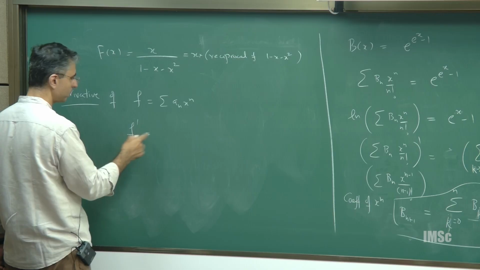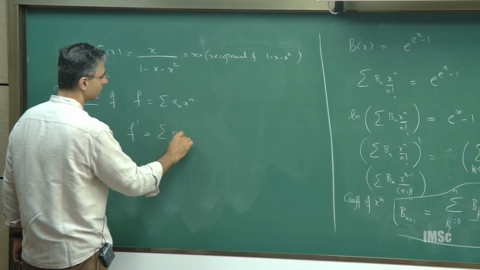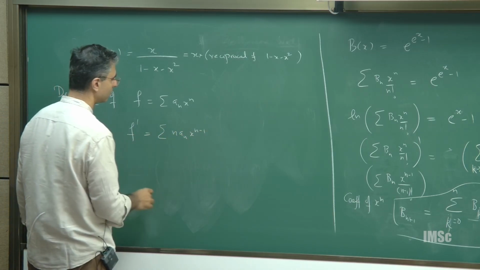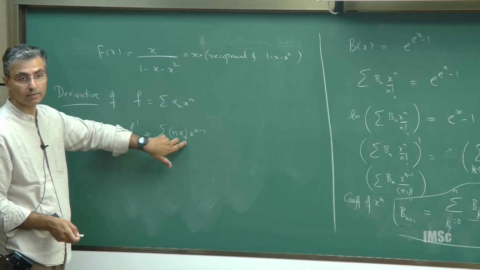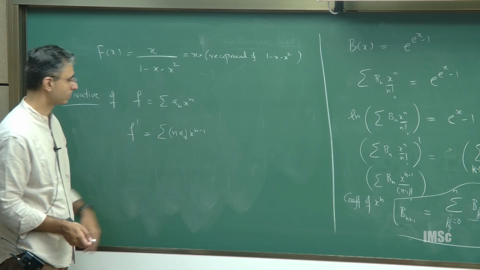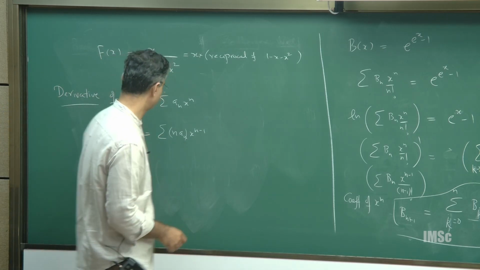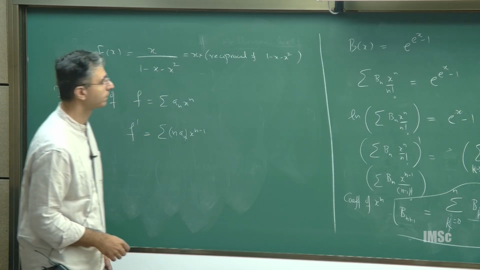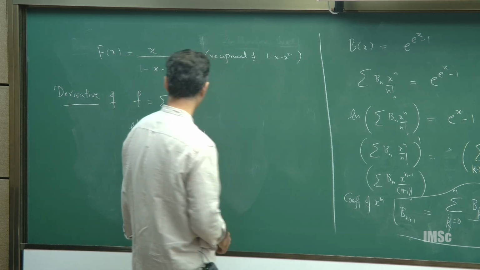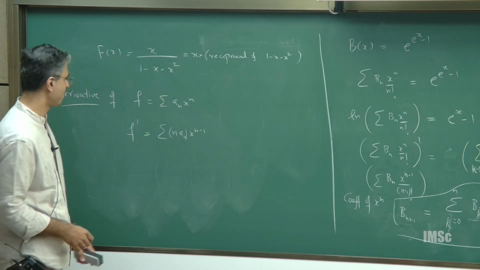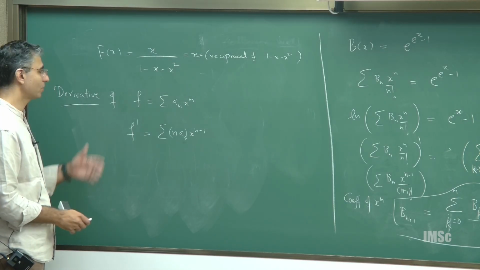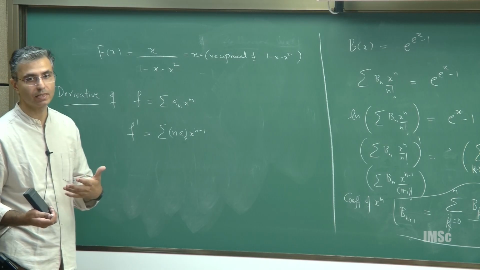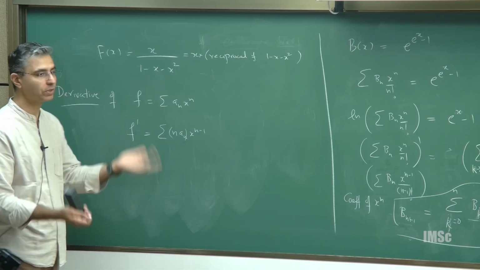It will be denoted by f prime, which is the series whose coefficients are n times a n. Now you can ask, which power series has the property that it is its own derivative?